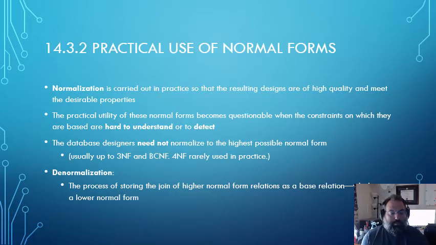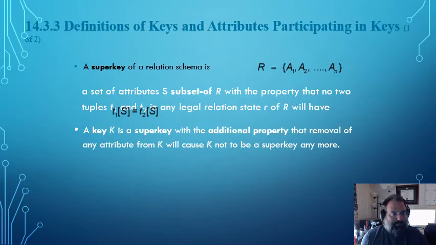Usually third normal form or Boyce-Codd normal form is used, fourth normal form is rarely used, and fifth normal form is almost never used. Denormalization is the process of storing the join of higher normal form relations as a base relation, which is in a lower normal form. Sometimes you will denormalize for performance reasons.